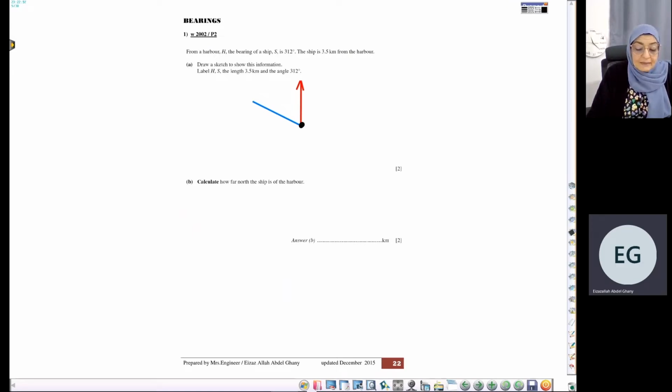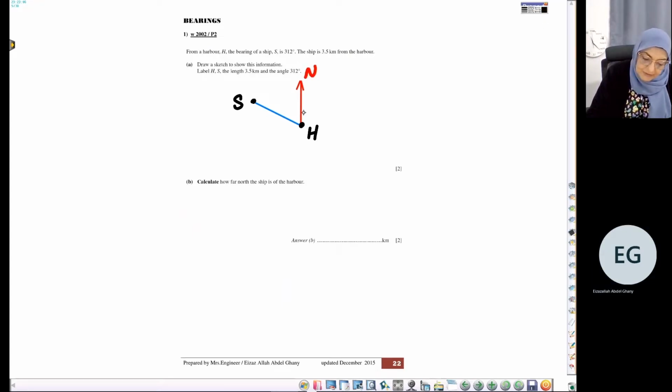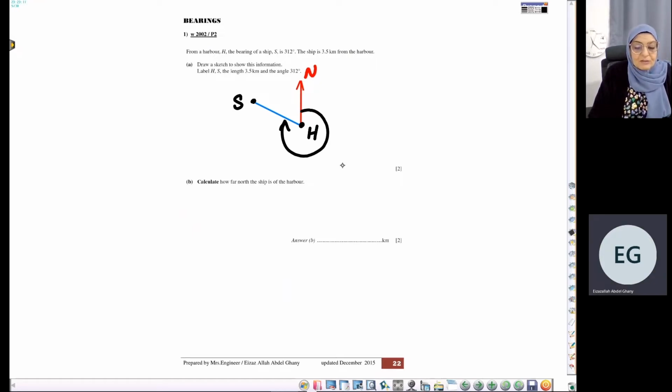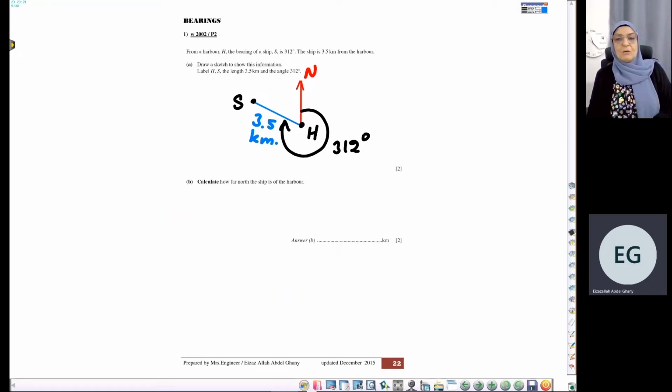He said that there is a harbor H, and this is the ship S, and this is the north direction, and we put the pencil and we rotate clockwise direction. This is 312 degrees. Okay, now we sketched everything except the distance. The distance is how much? It is 3.5 kilometers. This is the distance of the ship from the harbor.